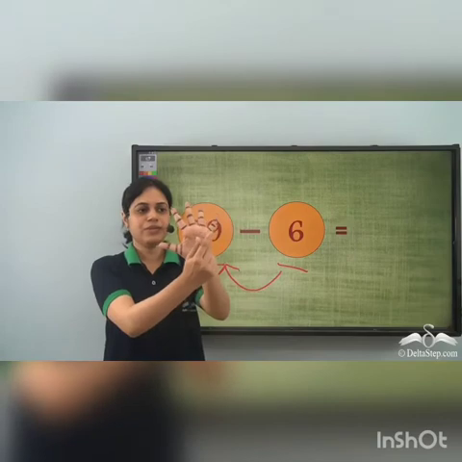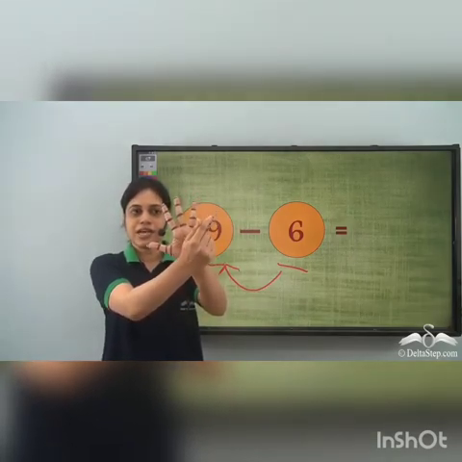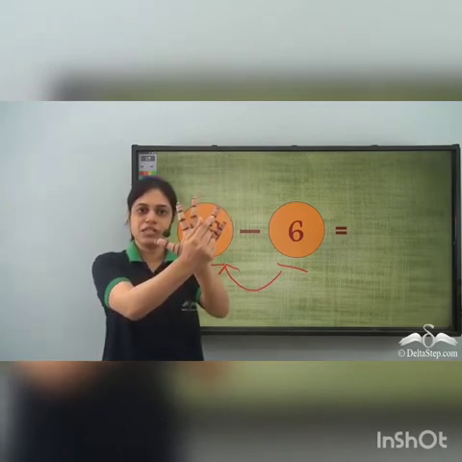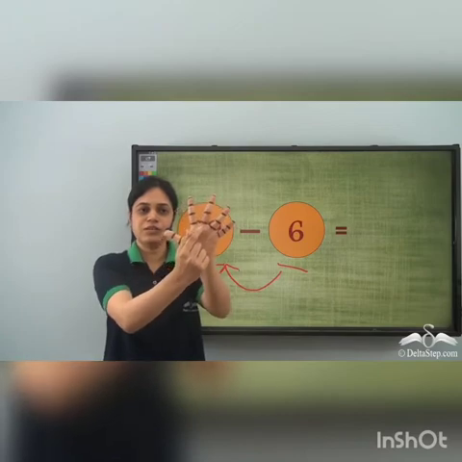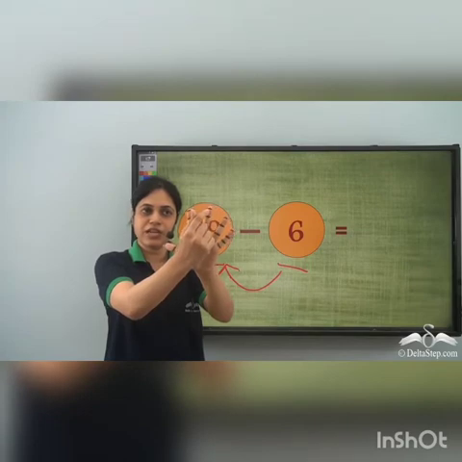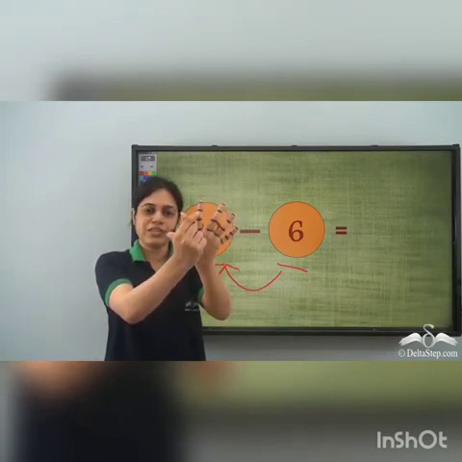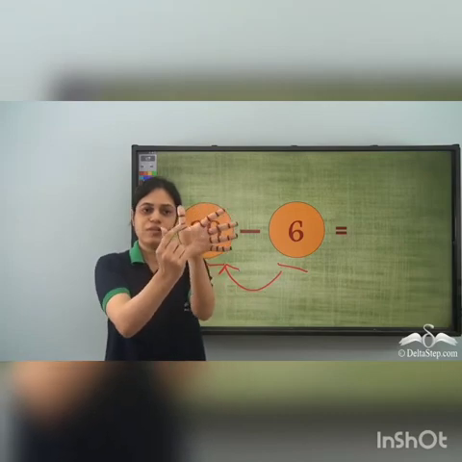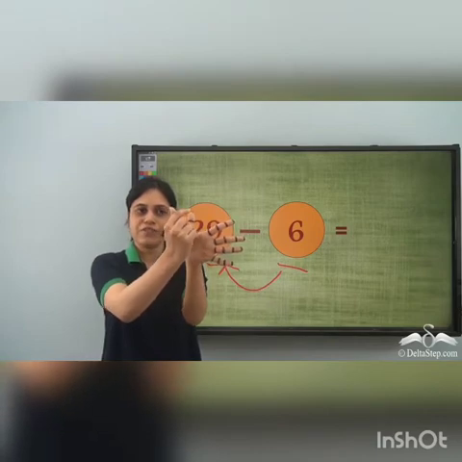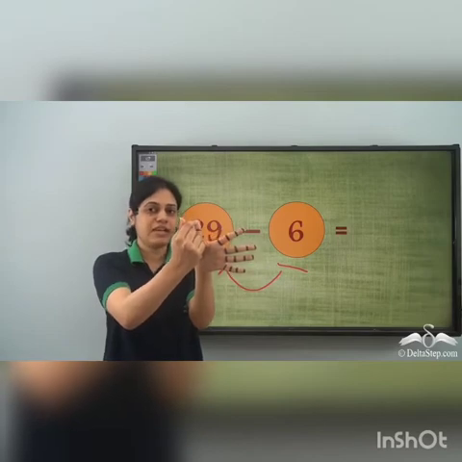Let's do that. 7, 8, 9, 10, 11, 12, 13, 14, 15, 16, 17, 18, 19, 20, 21, 22, 23, 24, 25, 26, and what about 27?